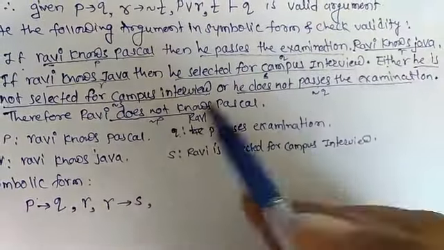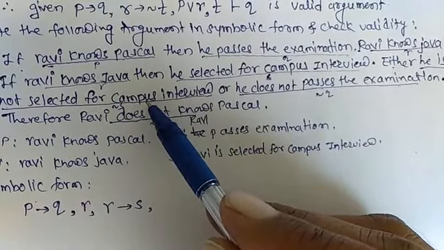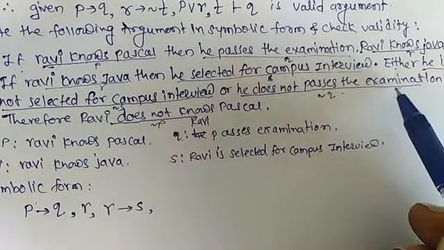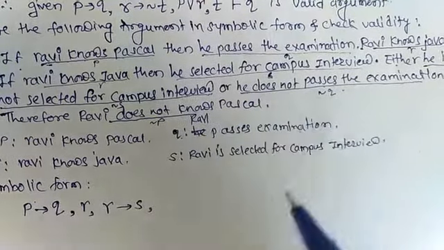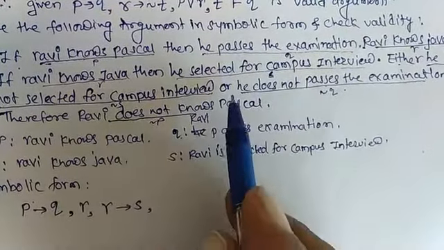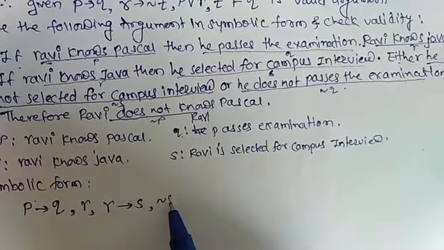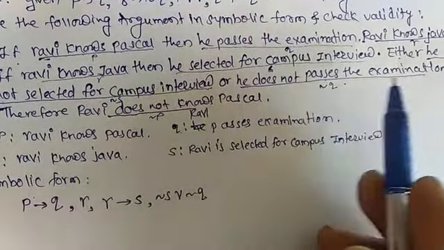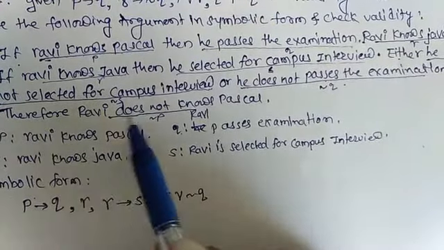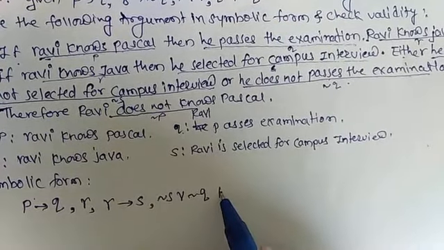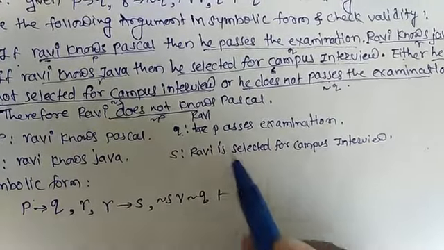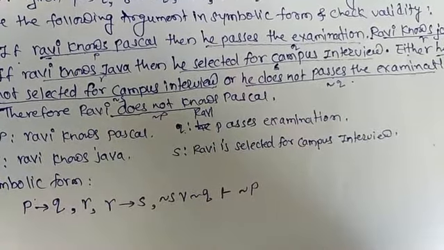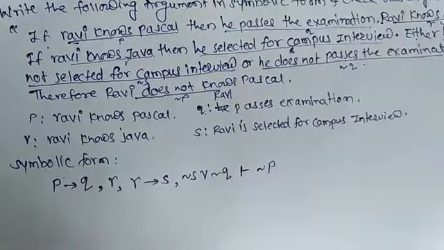Either he is not selected for campus interview or he does not pass the examination: negation S or negation Q. And therefore the conclusion is Ravi does not know Pascal, negation P. Okay, which is our symbolic form.